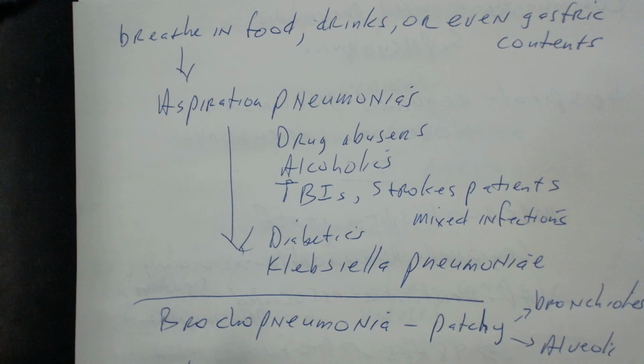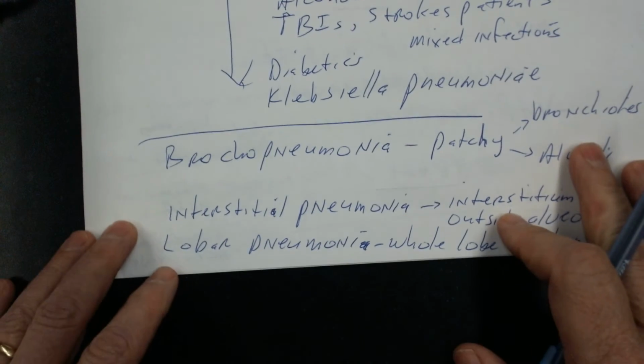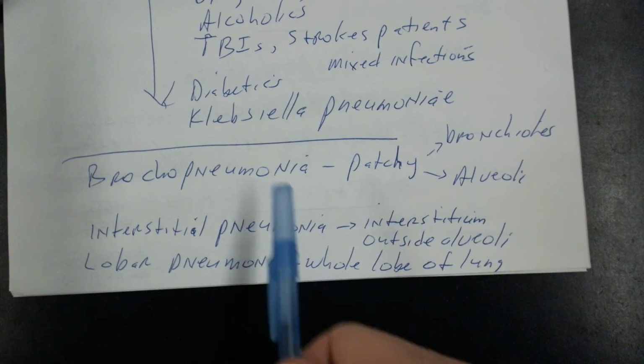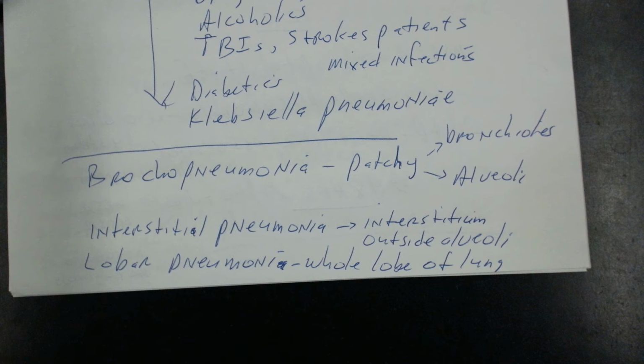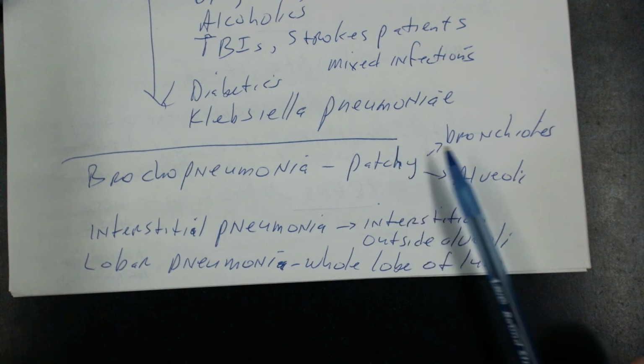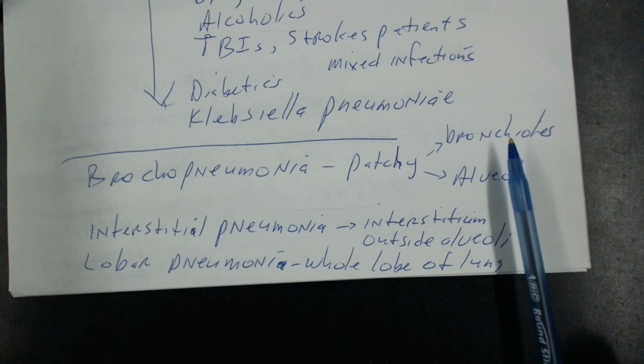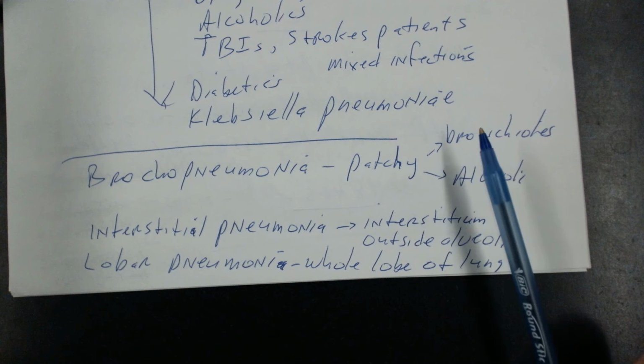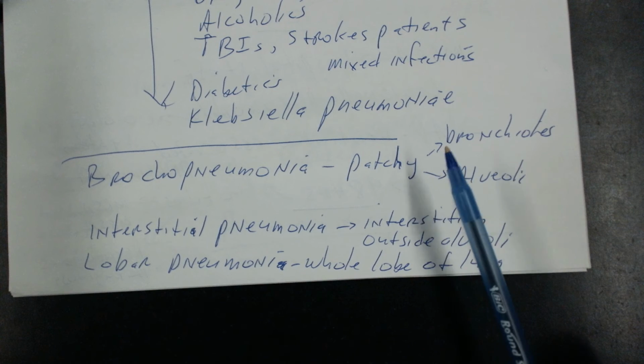Pneumonias are also classifiable according to what part of the respiratory system is infected. So bronchopneumonias are patchy pneumonias. You have the bronchioles that are infected and the alveoli, but it's patchy here and there throughout the lung.